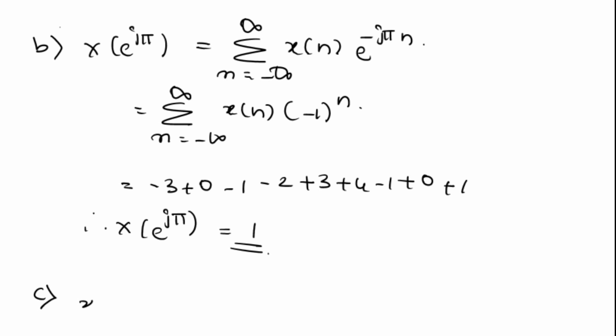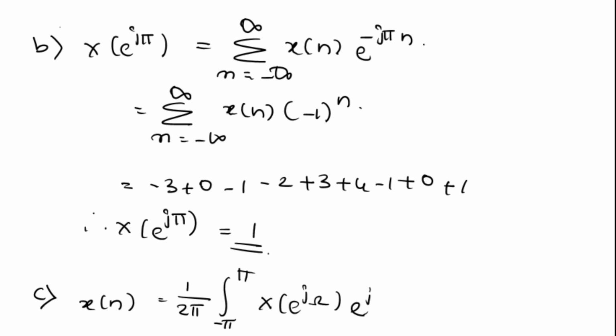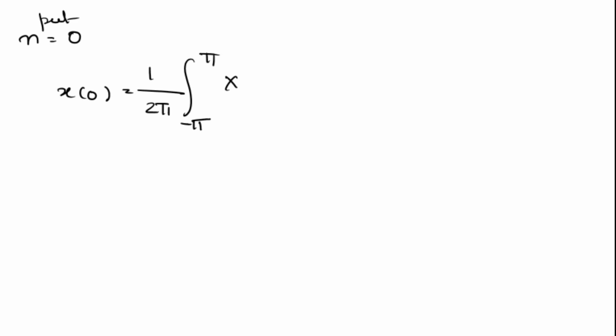Then third one, x of n is equal to 1 divided by 2 pi integration from minus pi to pi of X of e^(j omega) into e^(j omega n) d omega. By putting n equal to 0 in the given equation, we get x of 0 is equal to 1 divided by 2 pi integration from minus pi to pi of X of e^(j omega) d omega.